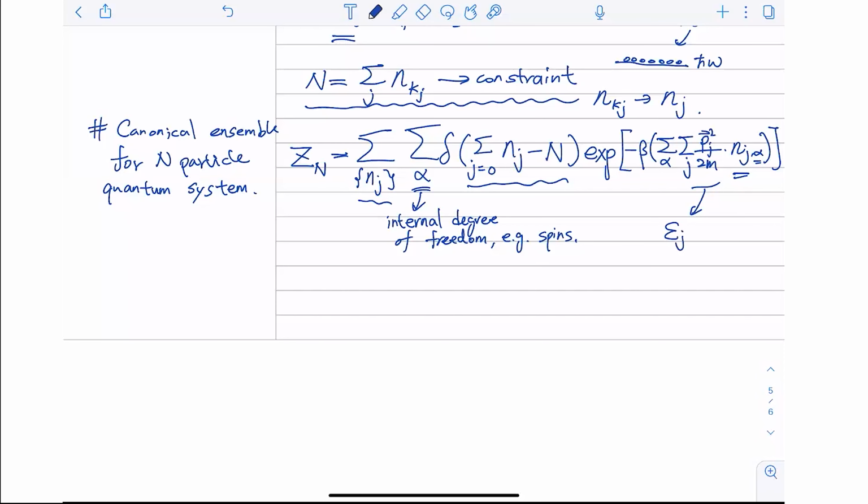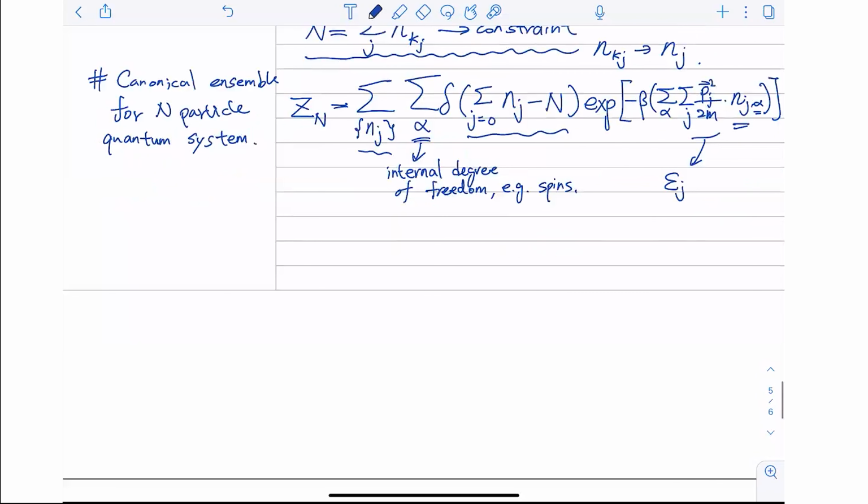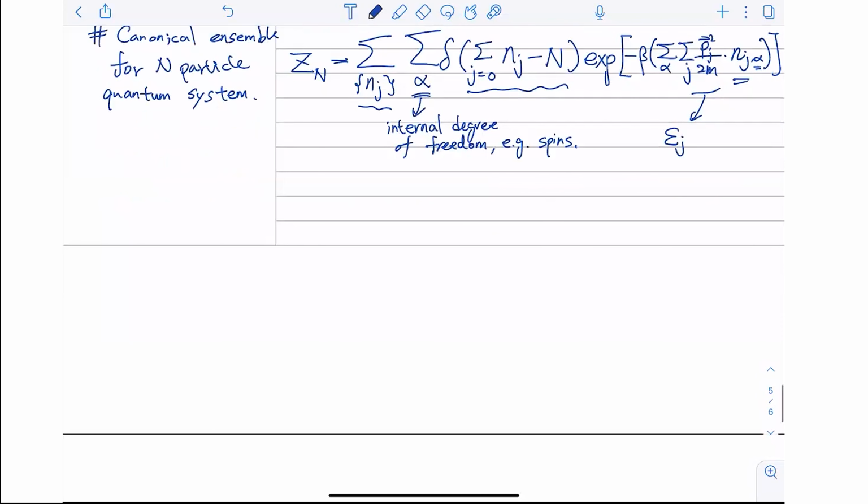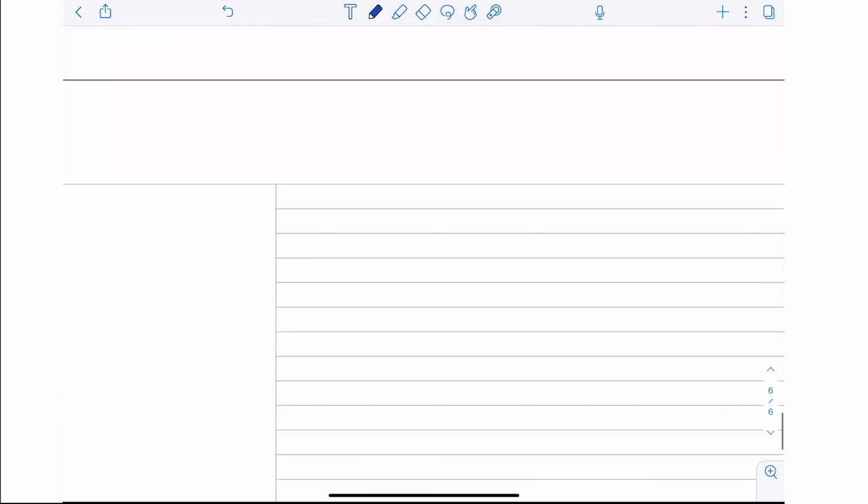Okay, so let's just put it aside and take a look at what is the expression for the grand canonical ensemble for N particles.